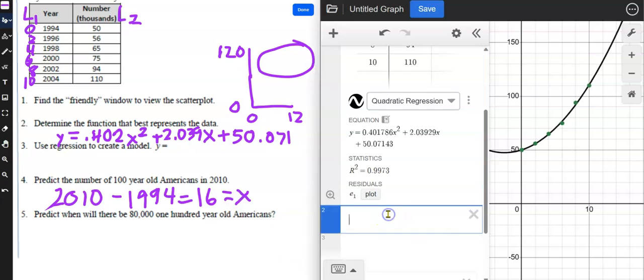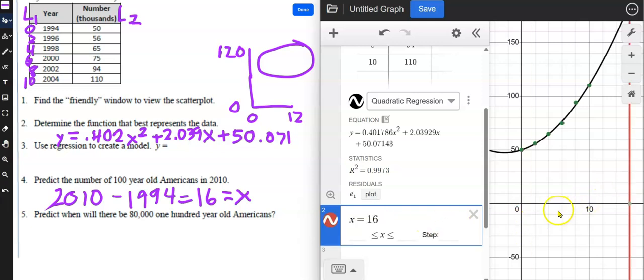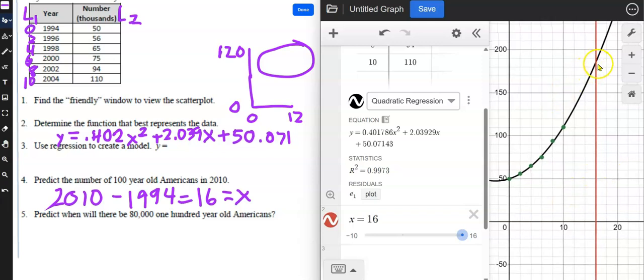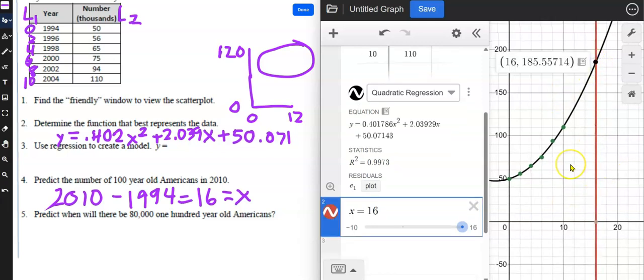So, just like I showed you guys before, we could do x equals 16. Well, that's going to be outside here, and there's my model.